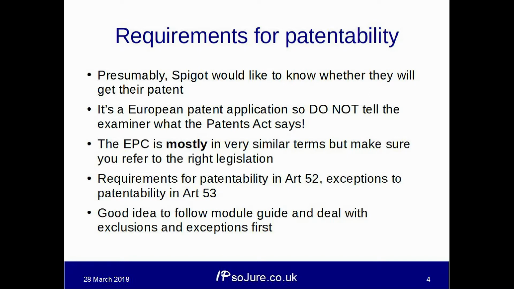In other words, the negative criteria for patentability before you go on to the other three criteria, the positive ones. It would certainly be a useful discipline in practice if you're advising a client for real and they're paying for the time that you spend answering the question.